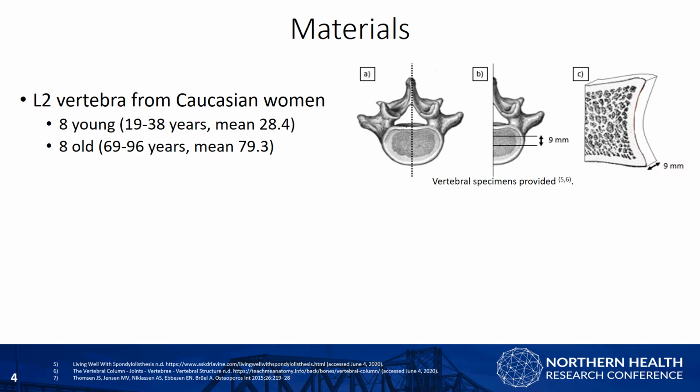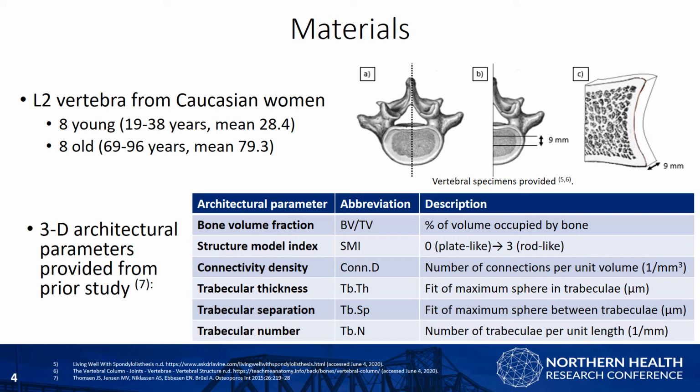The 3D architectural parameters of the 16 vertebrae that were obtained from the prior study were provided for use in the current study. The two most important parameters in today's talk are bone volume fraction and structure model index. Bone volume fraction, abbreviated by BV/TV or bone volume per total volume, indicates the percentage of volume occupied by bone, which tends to decrease with age.